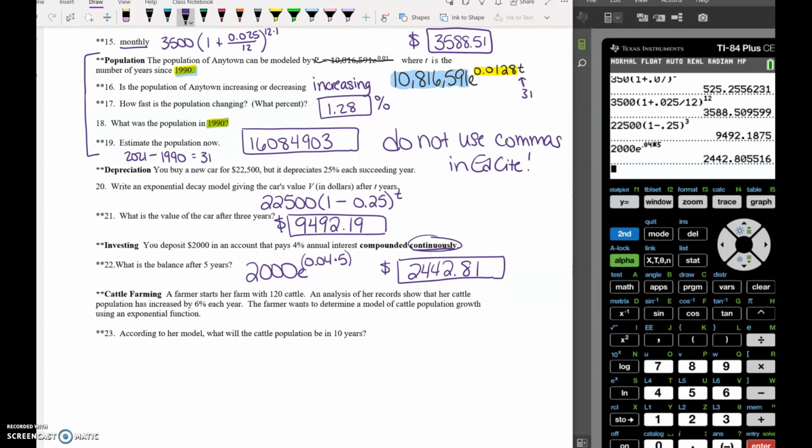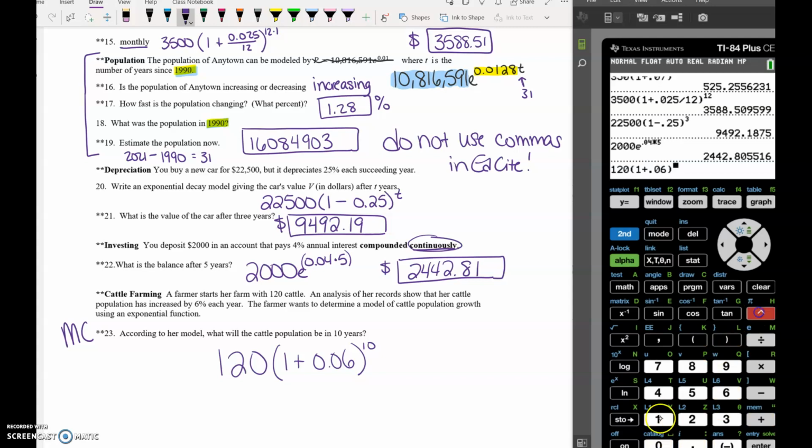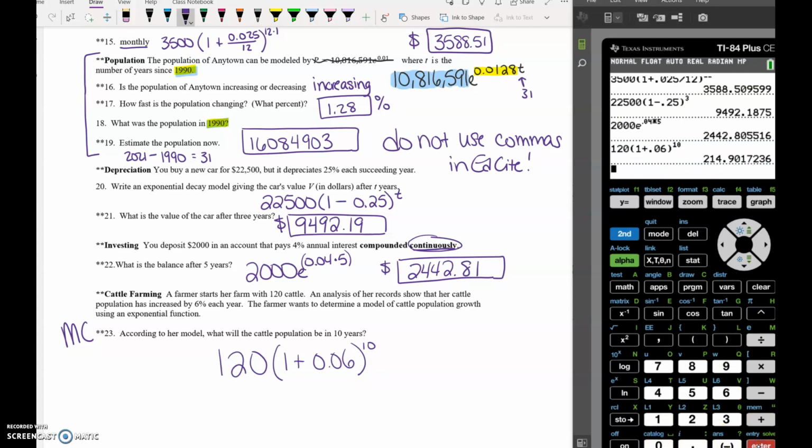And number 23 is actually going to be a multiple choice question. She starts with 120 cattle. Her cattle population has increased by 6% each year. That's simple growth. And we want to know what's the population after 10 years. Oops. 120, 1 plus 0.06, raised to the 10.